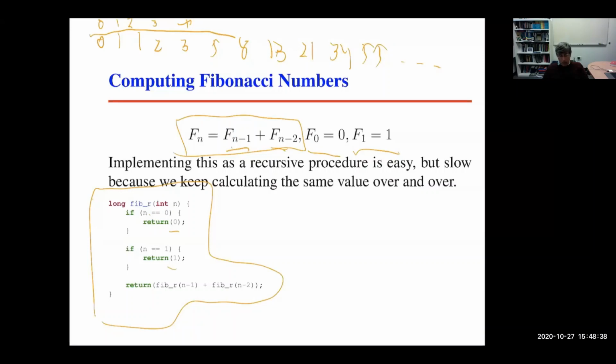Otherwise, return the sum of the n minus first and the n minus second Fibonacci numbers. Does everybody see, and if not, this is important to understand, that this recursive program computes the Fibonacci numbers? Is there any question about that? People understand this recursive program?